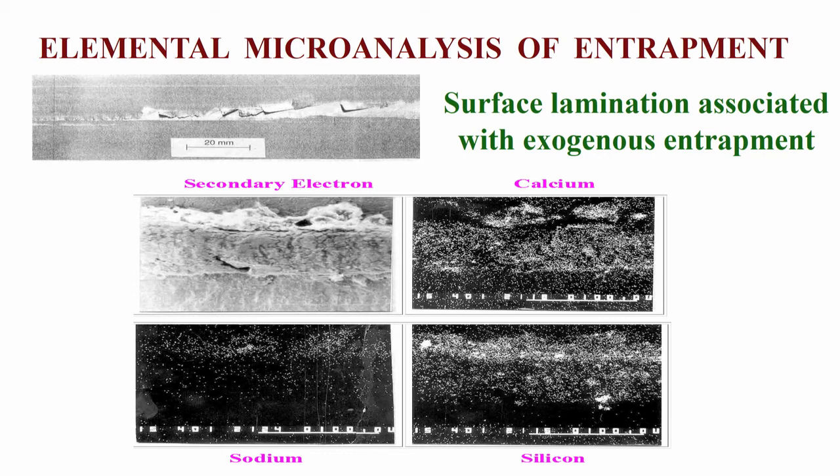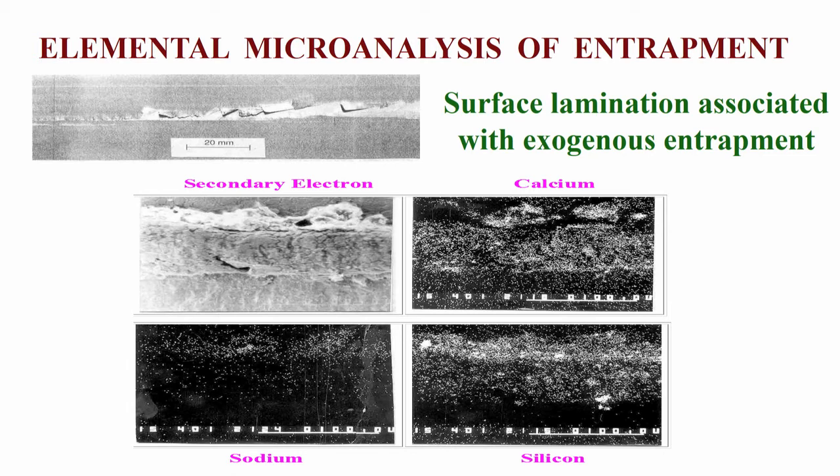Why is it happening? Because of the workability. When you are hot rolling, the rollability of basic steel and the entrapment, which is basically a complex oxide, are different. Their plasticity is different, their formability is different.